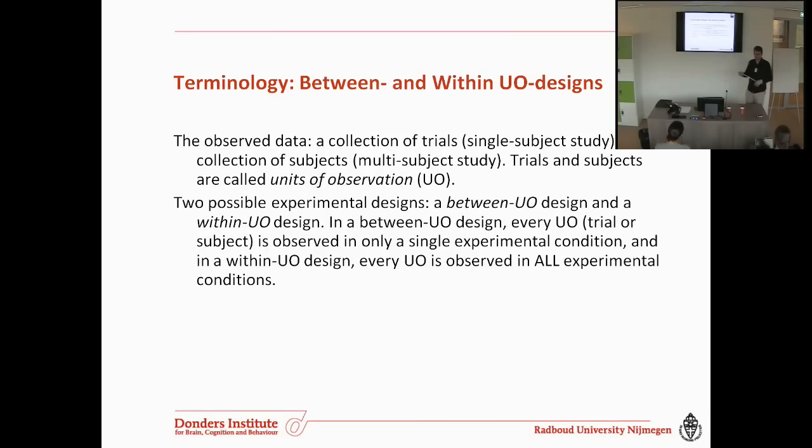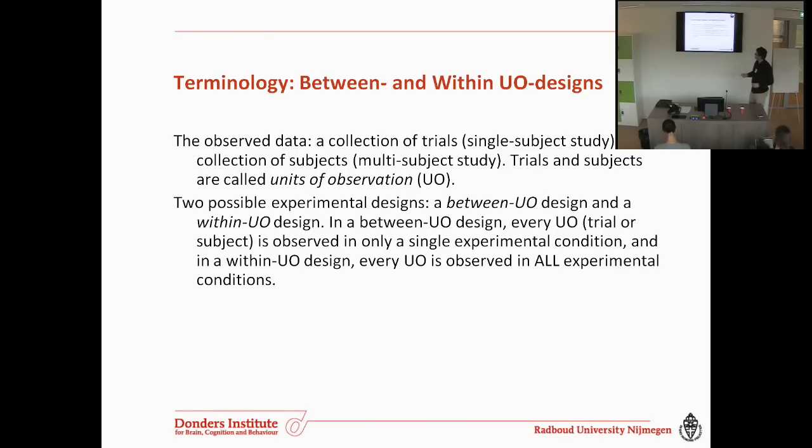For that, we have to make a distinction between these two types of design. Whenever I say unit of observation, for your own understanding, you may also replace this by subject or trial. Either a trial is a unit of observation or a subject is one.